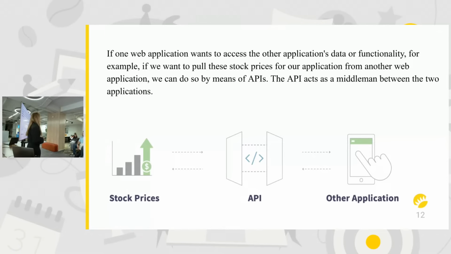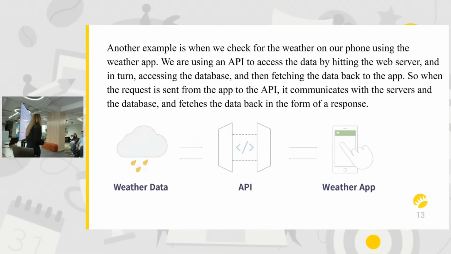What you do, you don't create a stock prices API from scratch. There are already some companies, some systems that have stock prices APIs. So you just take them, maybe you subscribe, you pay some money, or they are completely open. So you take these APIs and you integrate them into your apps.